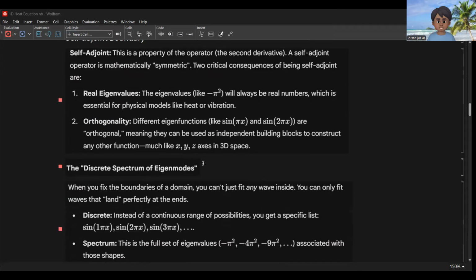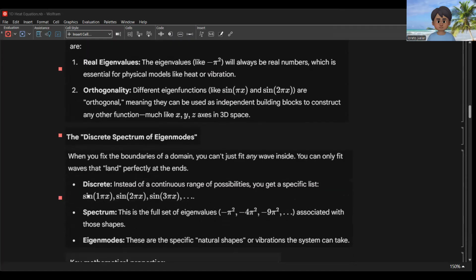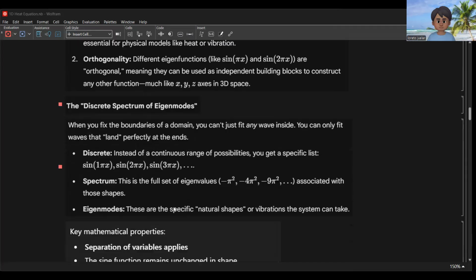So the discrete spectrum and eigenmodes: when you fix the boundaries of a domain, you can't just fit any wave inside. You can only fit waves that land perfectly at the ends. So we have a discrete set instead of a continuous range of possibilities. You get the specific list here: sine pi x, sine 2 pi x, and sine 3 pi x.